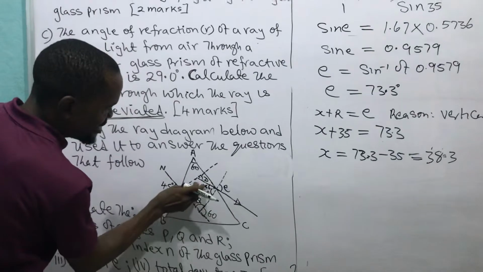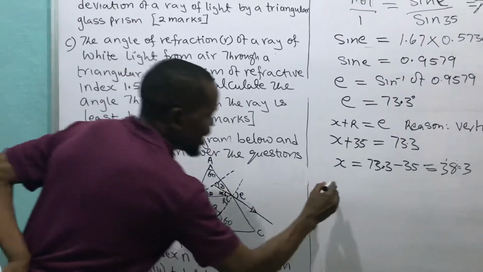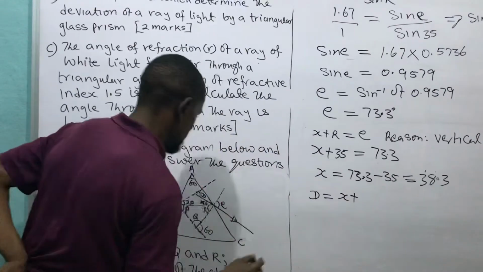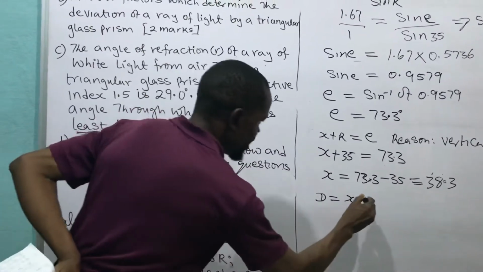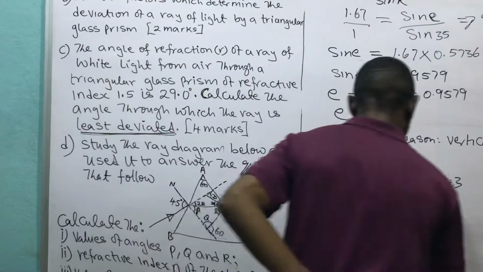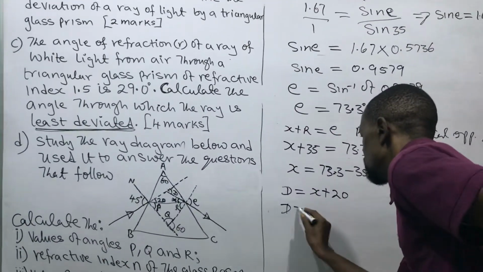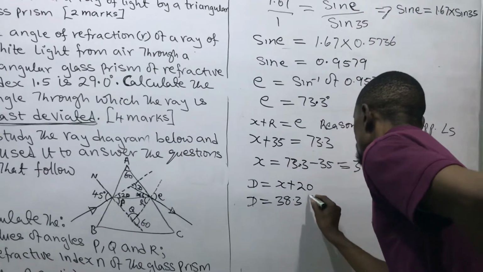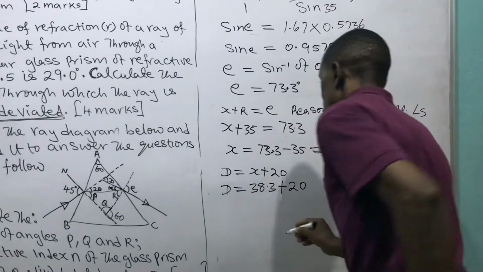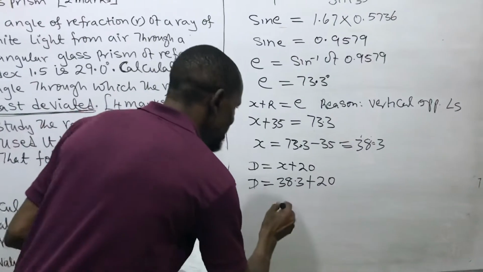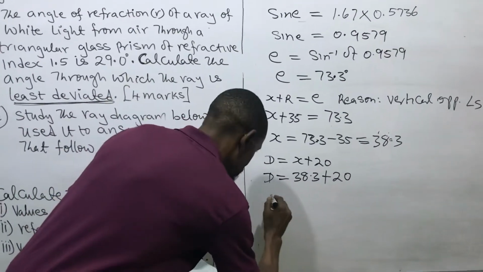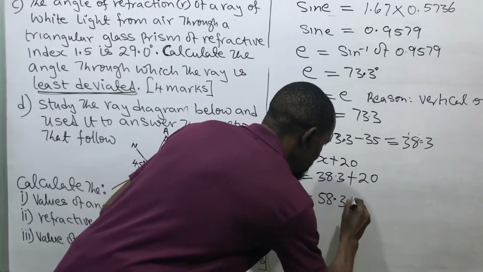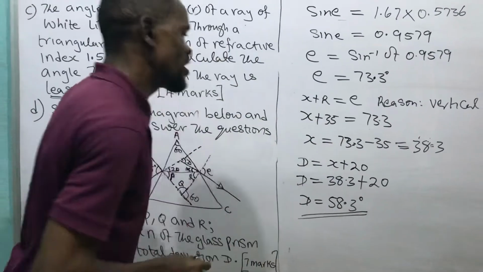I can say that this plus this will give me D. D is equal to X plus 20. What's my X? 38.3 plus 20, and that will give me D equals 58.3 degrees. That's my answer for D.